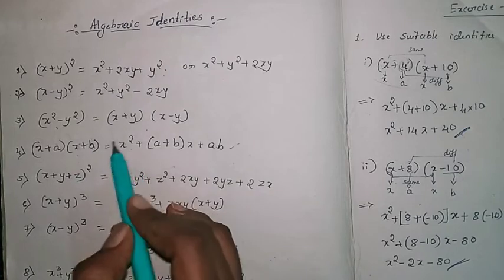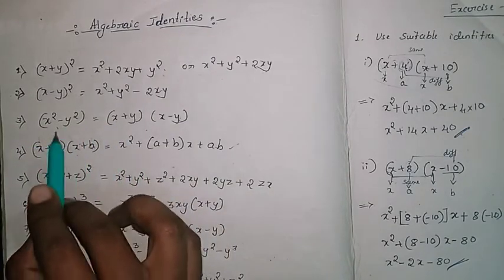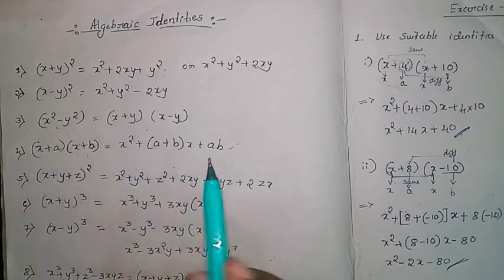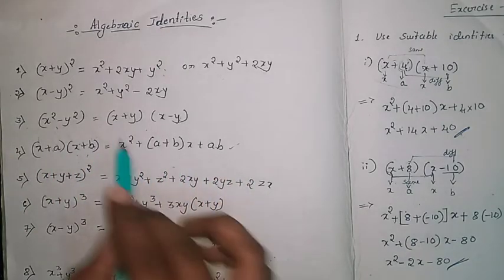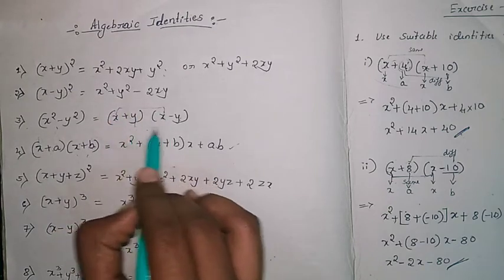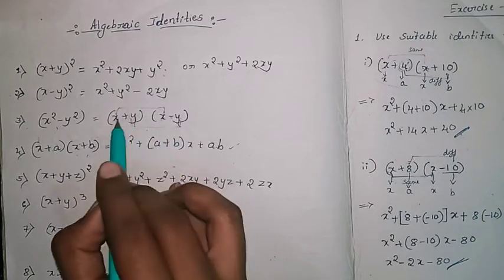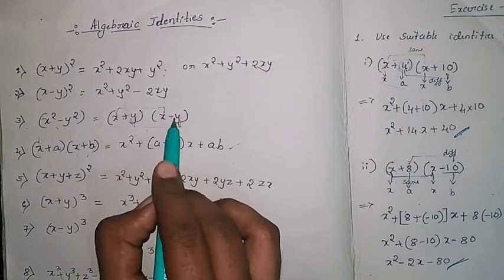So you have to observe where the first terms are same. Here the first terms are same and the second terms are also same, and the signs are opposite, so it is a positive and negative.